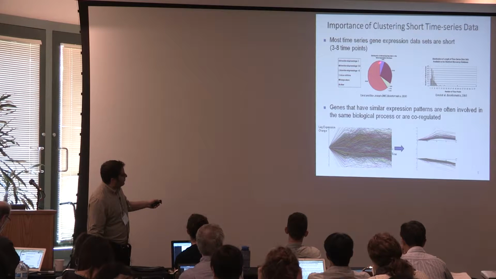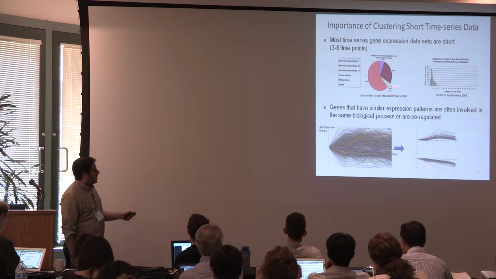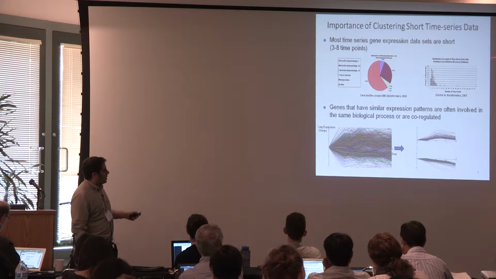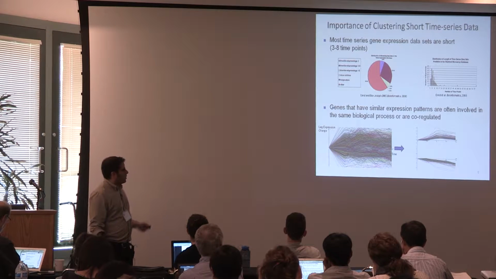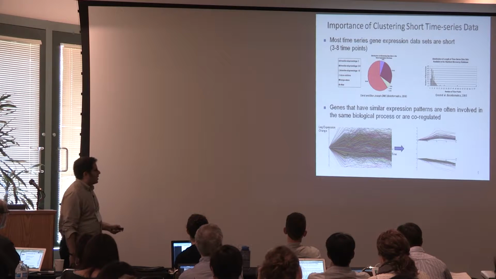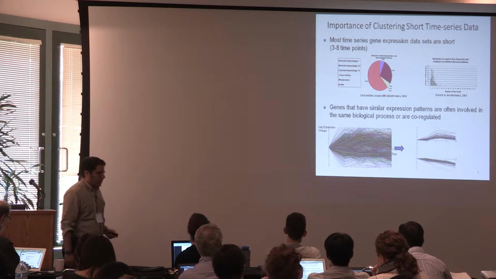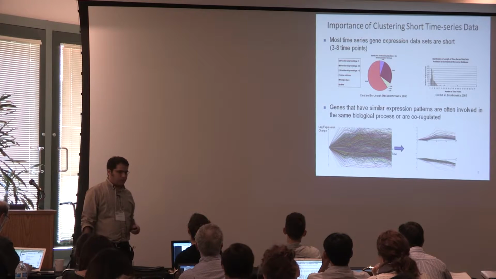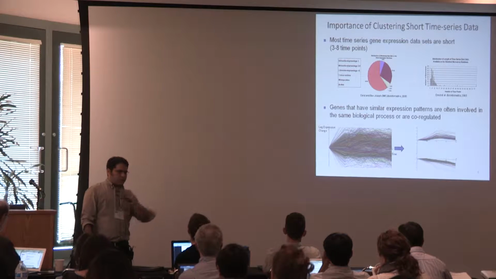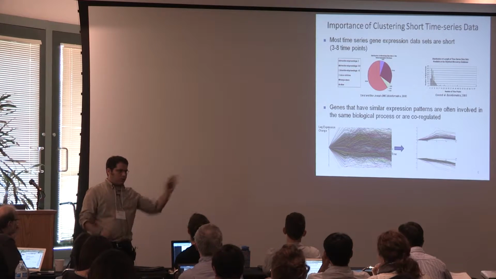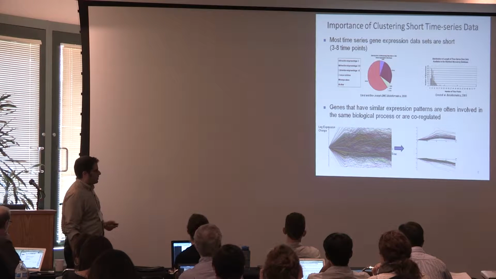When I surveyed the Gene Expression Omnibus, about a third or so of all the data sets in there were of a temporal nature. And when I say time series, there can also be other types of experiments such as dose response. As long as the experiment has a well-ordered notion, a lot of these same techniques apply.